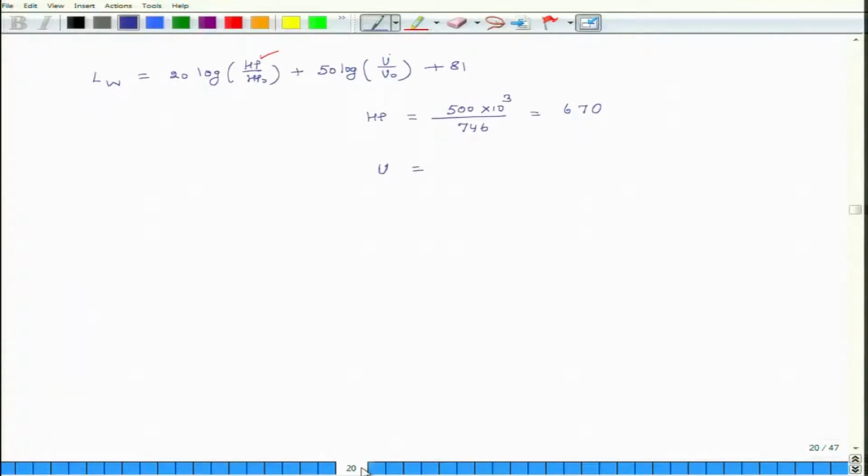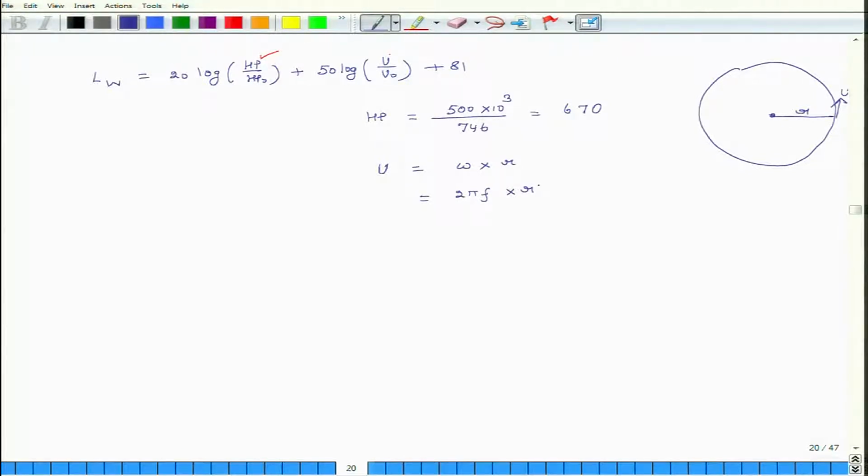Okay. So, if this is the radius, this is the velocity we are interested in. What is velocity? It is angular frequency times radius. And angular frequency is 2 pi f.